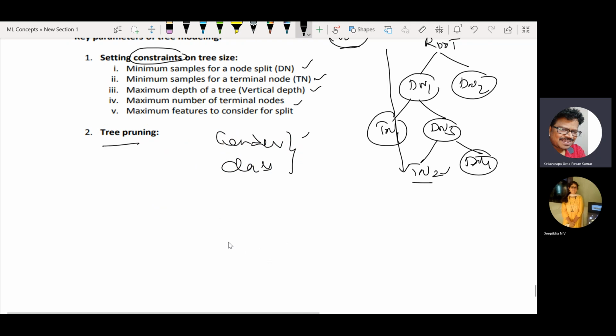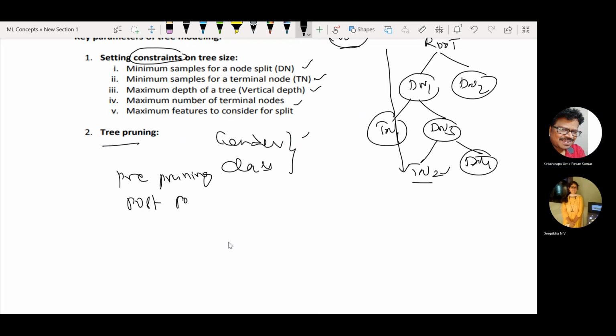And tree pruning, friends, actually pre-pruning and post-pruning. What do we mean by pre and post pruning? While applying the algorithm, or while considering that particular tree, before applying the model, can I apply some kind of pruning technique? Pruning means avoiding the unnecessary paths.